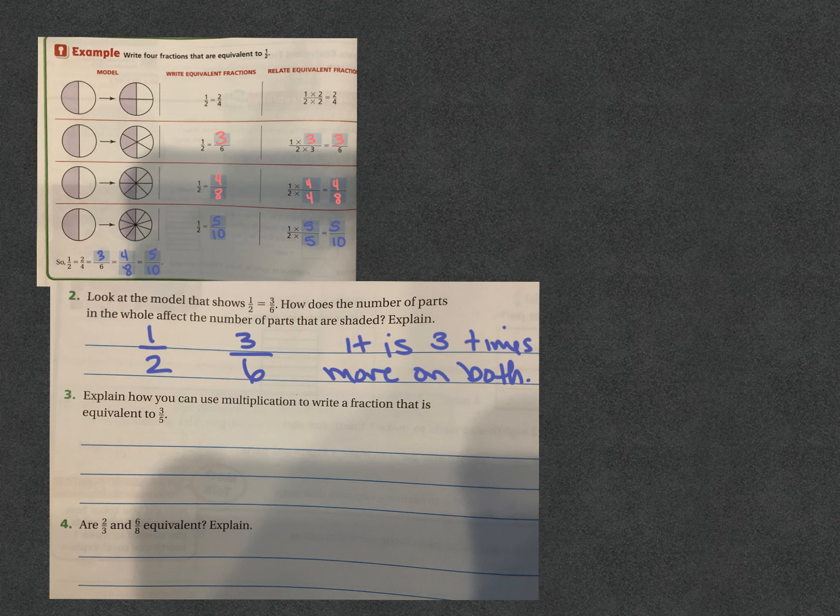So if we had 3/5, we can multiply the numerator and denominator by any number. As long as we did the same to both the numerator and the denominator, it would still be equivalent. Doesn't matter. We can multiply them by 10 if we want to. And we would get 30/50. 30/50 is the same amount as 3/5.